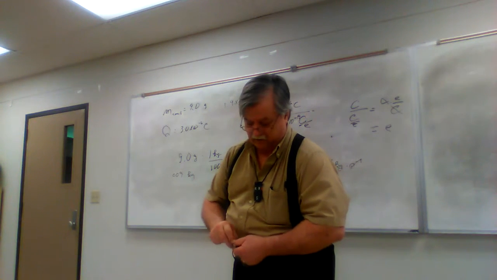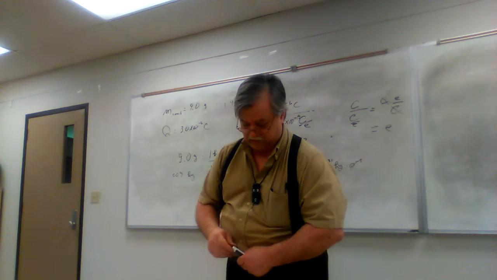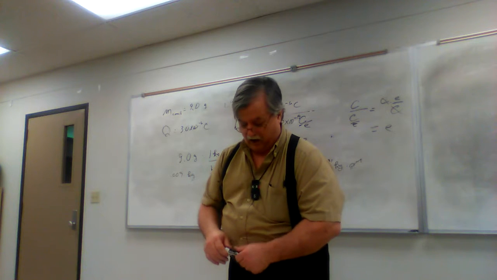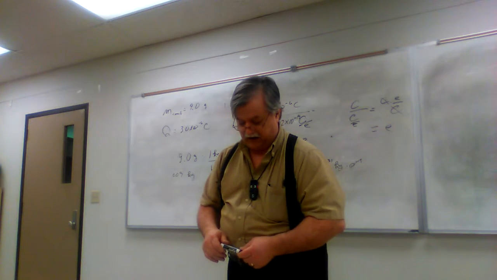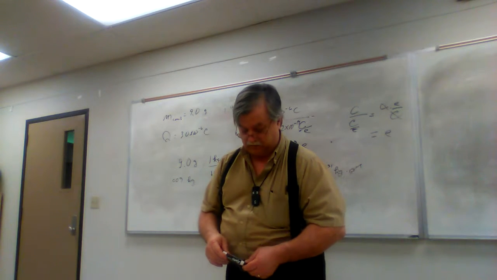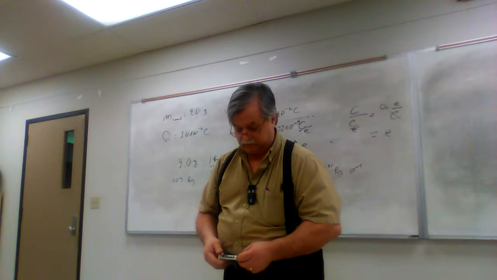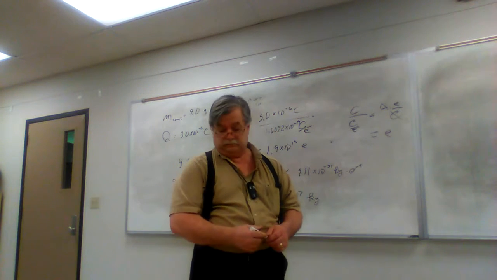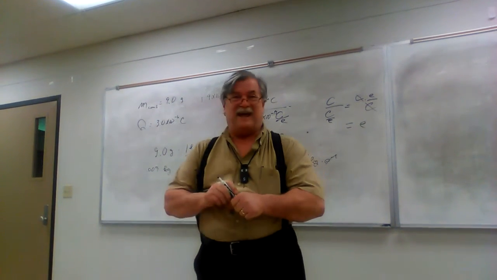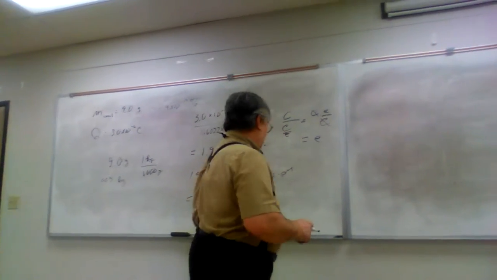Okay, here's another good one. Number 9. What is the total charge of all the electrons in a 12 kilogram bar of gold? Now, part B. What is the net charge of the gold bar?